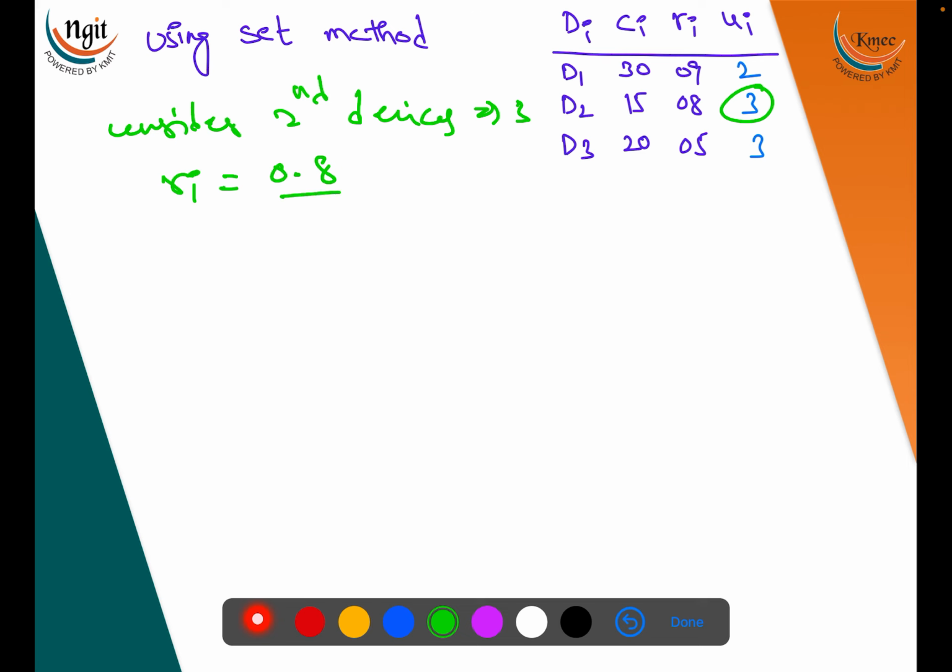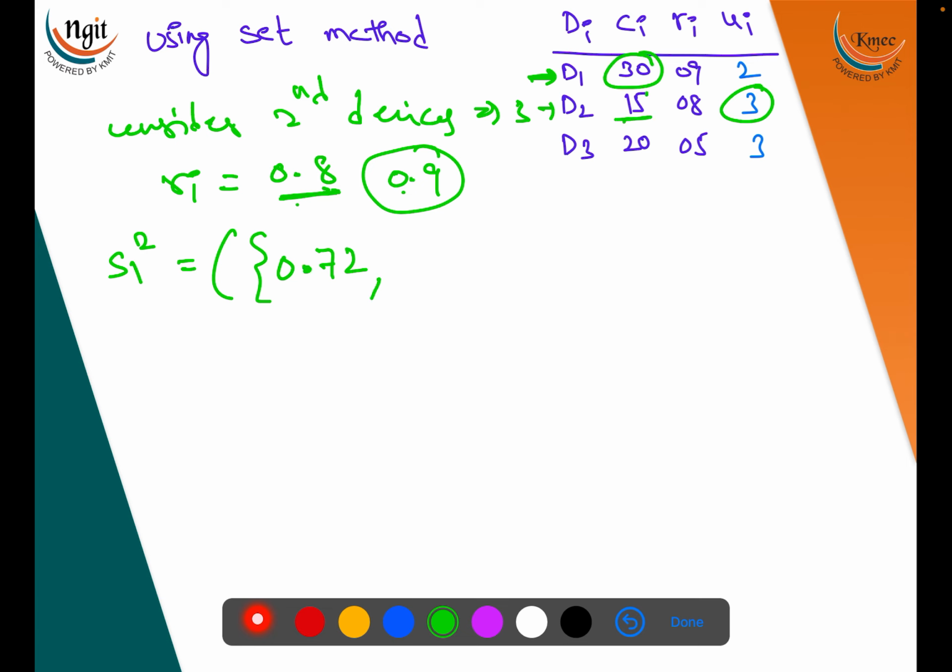Now we have to multiply this with 0.9, because we already had D1 in our reliability problem and now I am including D2. 0.9 is D1, 0.8 is D2, so we multiply. Now S2 first is 0.8 into 0.9, which is 0.72, comma 30 plus 15. 30 is this cost, 15 is this cost, so it becomes 45. Then 0.792, comma 75.